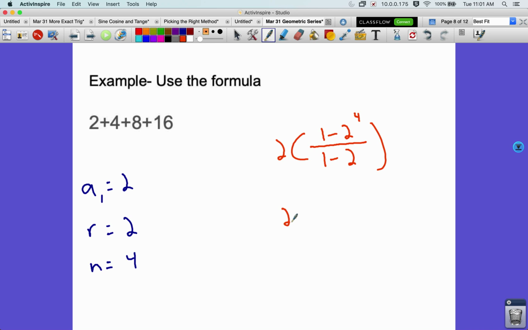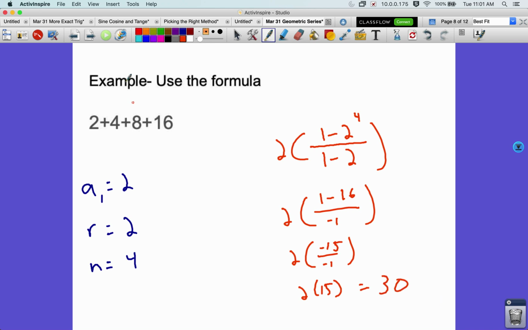Let's see what we get. 2 times 1 minus 2 to the 4th, which is 16, over 1 minus 2, which is negative 1. 2 times negative 15 over negative 1. 2 times 15 equals 30. So that's what the formula tells us, that it should be 30.